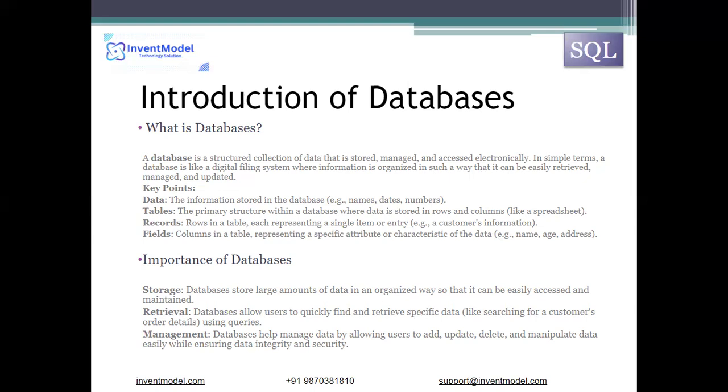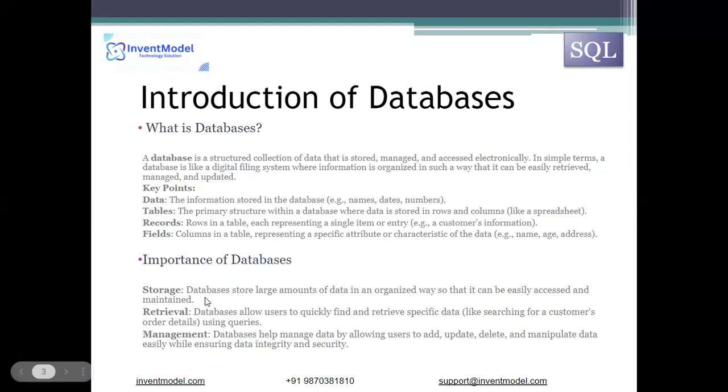Let's talk about the importance of databases. The first importance of a database is storage. A database keeps a lot of information in an organized way, making it easy to store and find when needed. Databases store large amounts of data in an organized way so that it can easily be accessed.